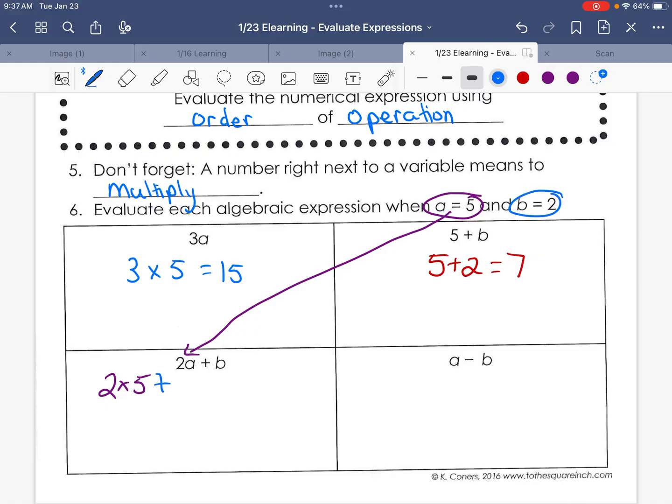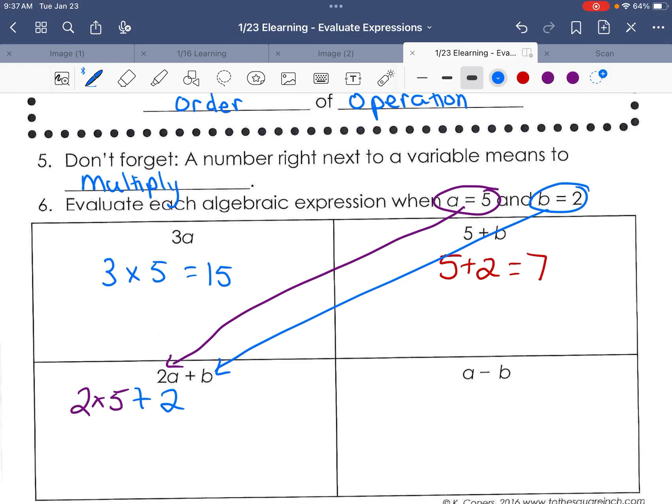And b is equal to 2, so we're going to put our 2 in there. So now we have 2 times 5 plus 2. Order of operations says we multiply first, so we have 10 plus 2, and that's going to equal 12.